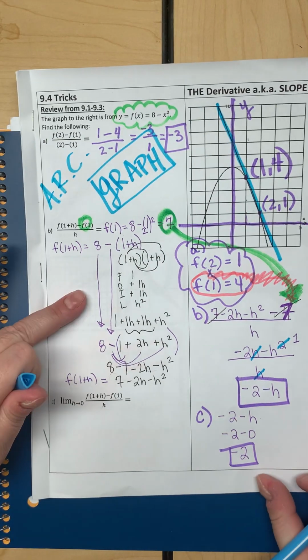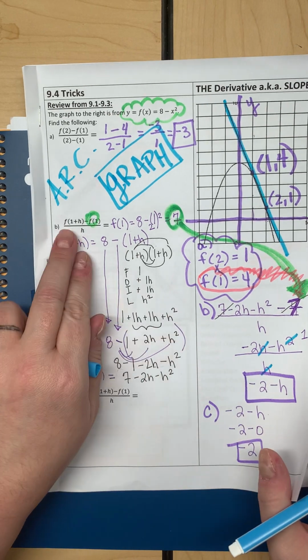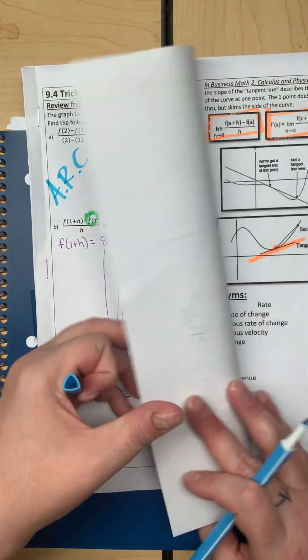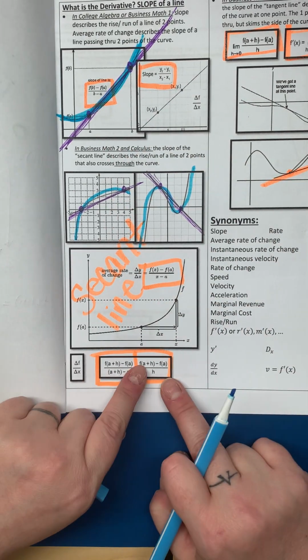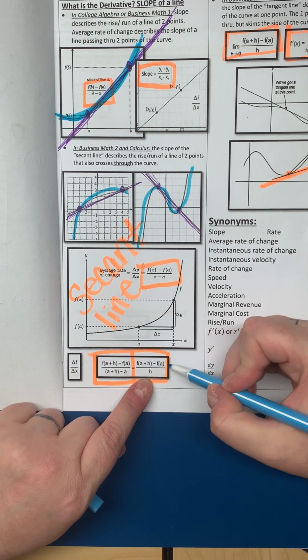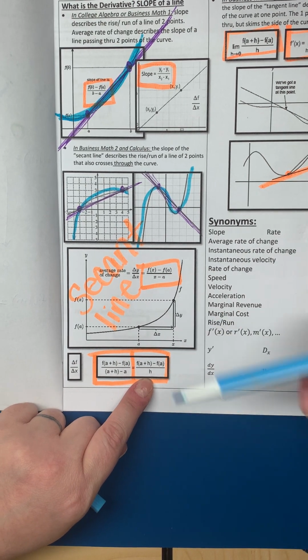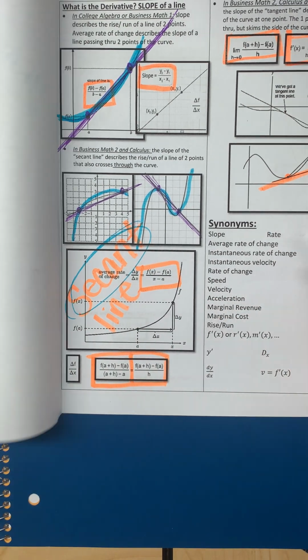Then on part 2, or part B of number 1, we did this f of 1 plus h minus f of 1. That's this one, because it has the h's, and a is 1. So on part B, on number 1, we were actually finding the slope of the secant line.